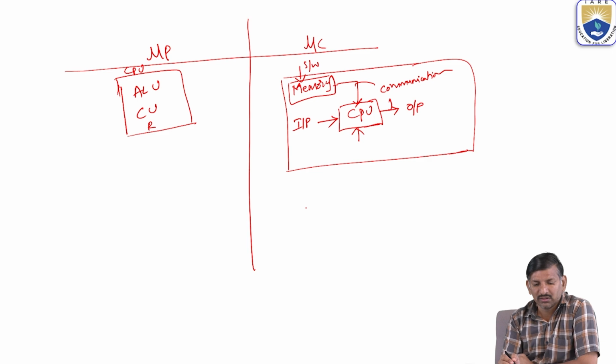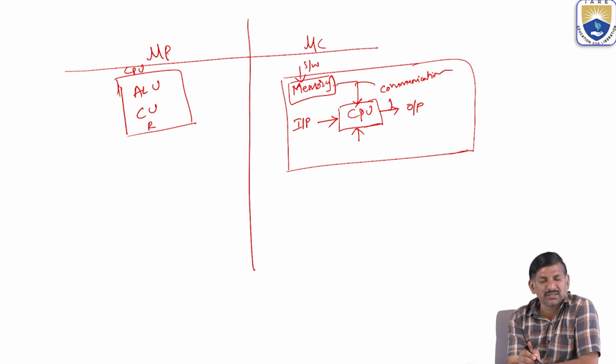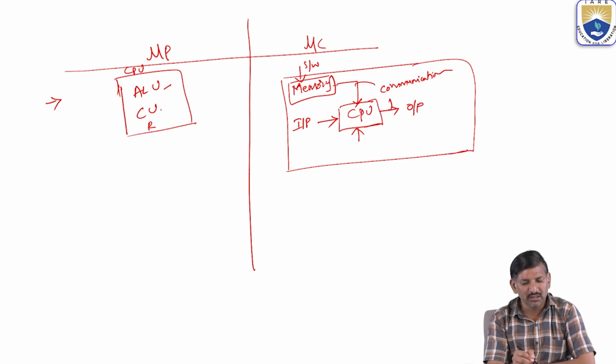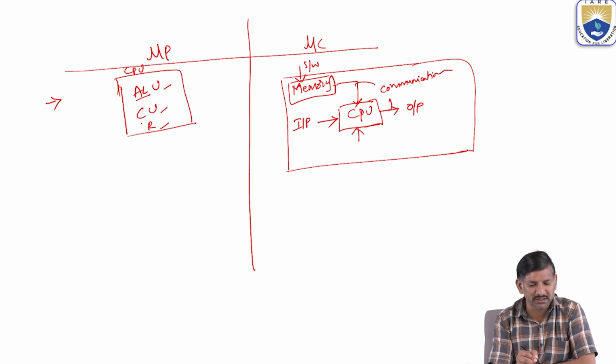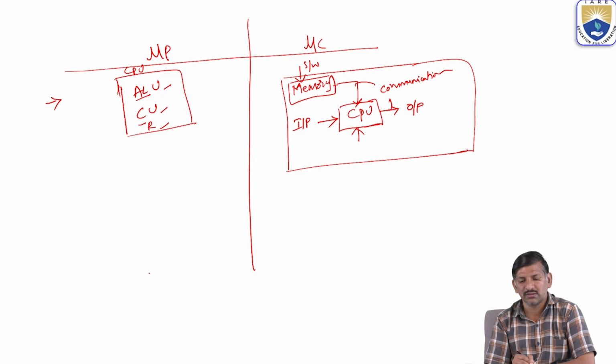So a microprocessor is a single silicon chip that represents a CPU. It contains an arithmetic and logical unit, control unit, and working registers. It performs arithmetic and logical operations and control operations.